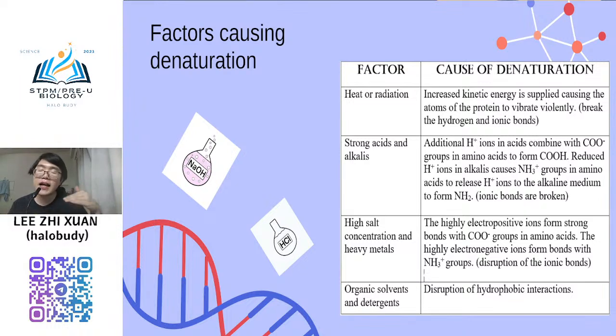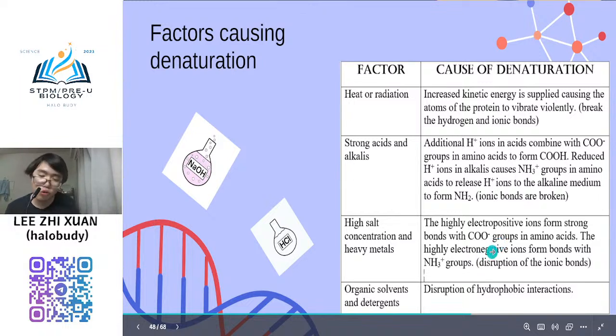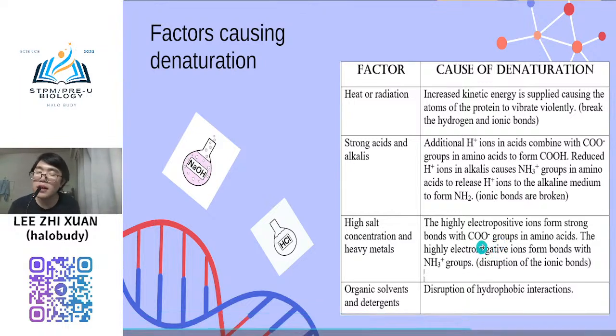All that is highly electropositive, highly reactive compared to hydrogen ion, so they will form a bond instead. Actually, in a real situation, your COO negative, your carboxyl group, should form a bond with the amino group, right? In a natural situation.